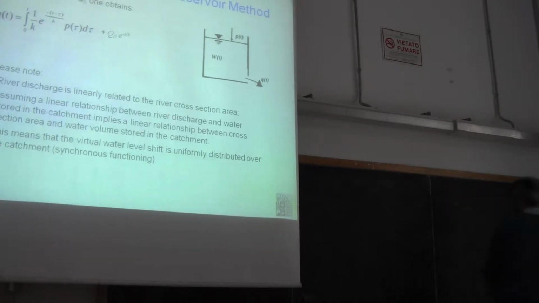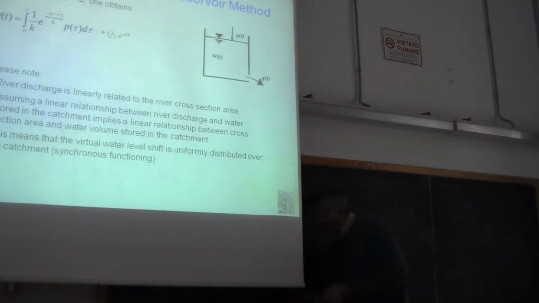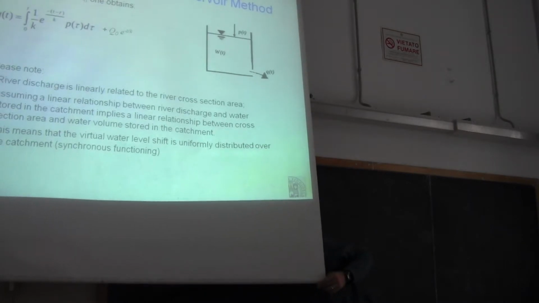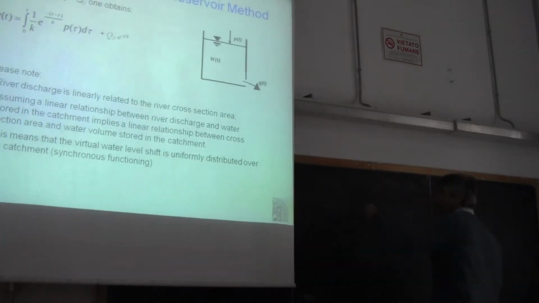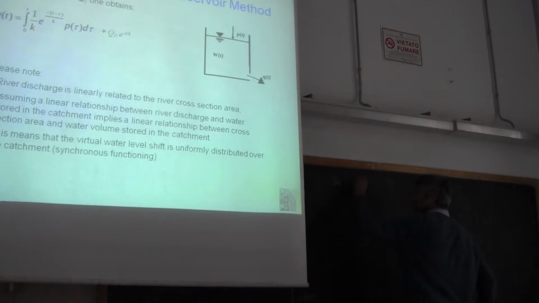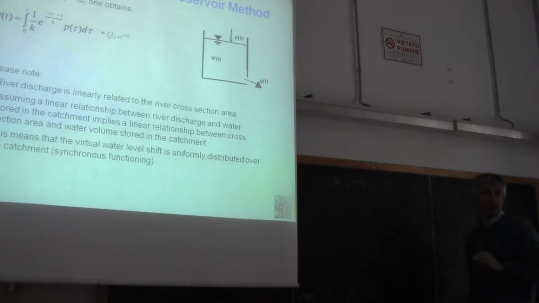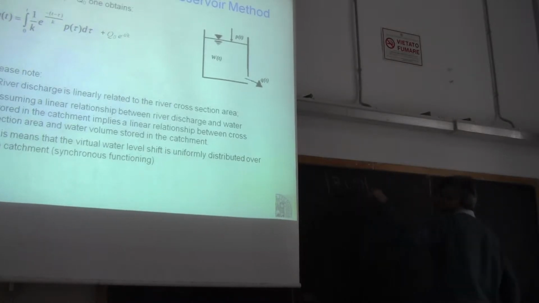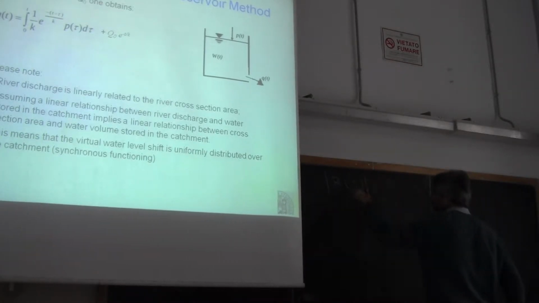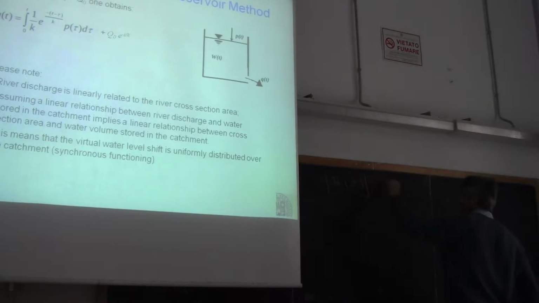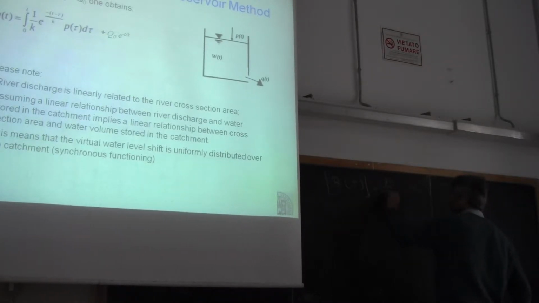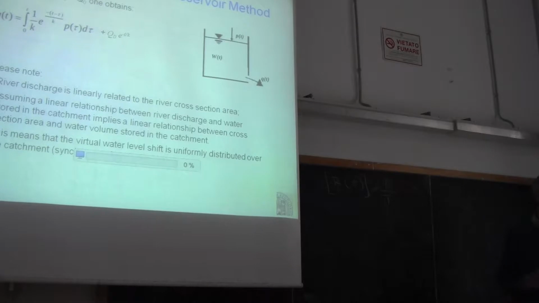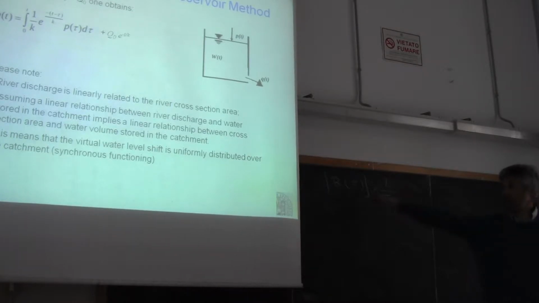So basically, if we call RT the rainfall depth, and the dimension of a rainfall intensity in terms of rainfall depth would be then a length over time, because this is depth of rainfall per unit time at a given time t.